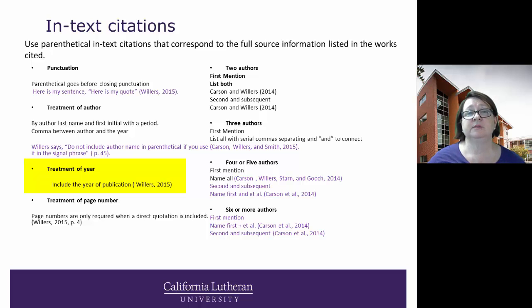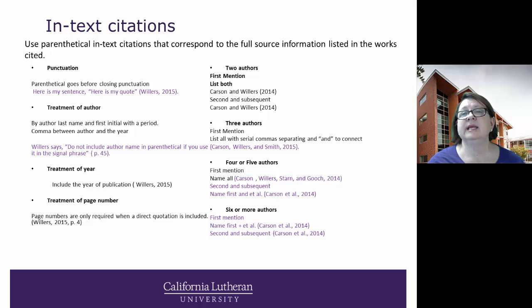We'd want to know if something was from 1985. That would be interesting. We'd want to know that it was still true, so we'd probably want to see another source more modern. But we do always put the year. Page numbers are only required when a direct quotation is included. You can put them for a paraphrase, but they're not required.